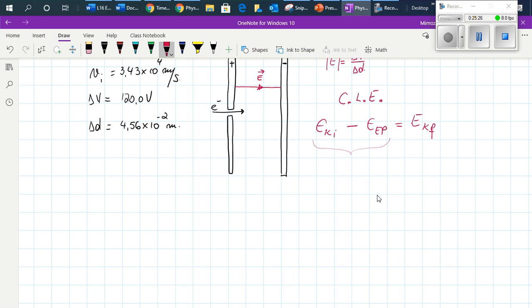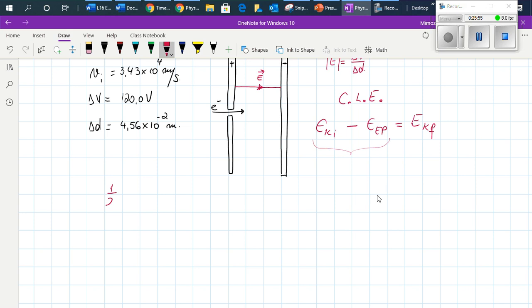So the electron, even though its kinetic energy is eaten up by the electric potential energy between the two plates, is still able to reach the other plate. If it is negative, that means that the electron is not able to reach the other plate, and based on that, we will find where it is stopping.